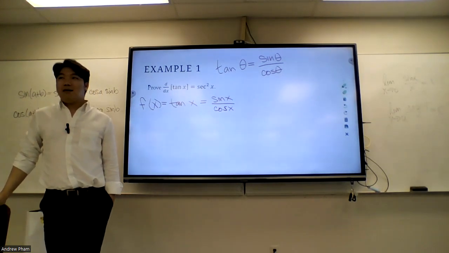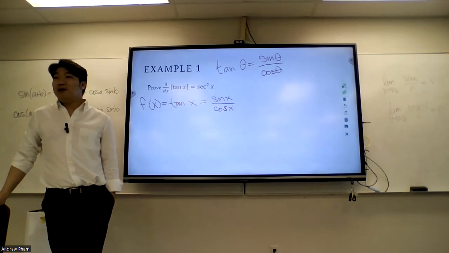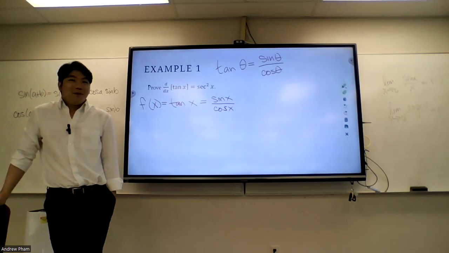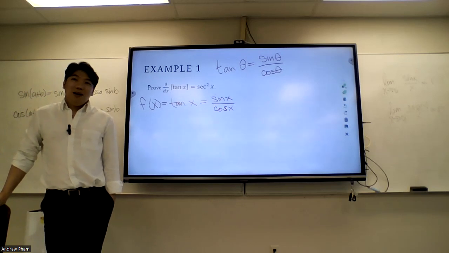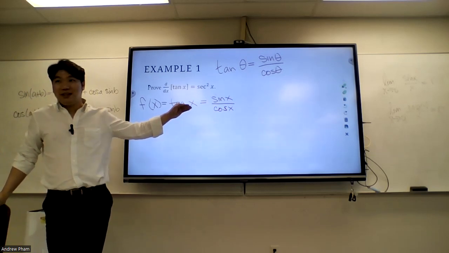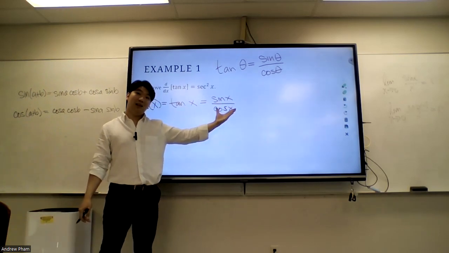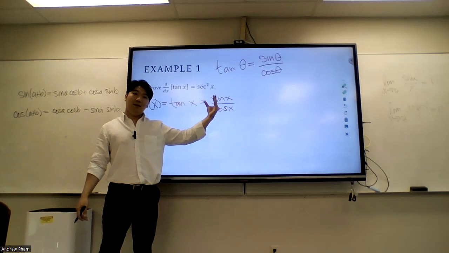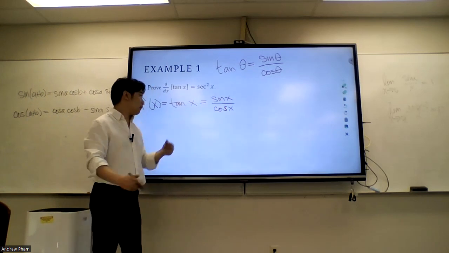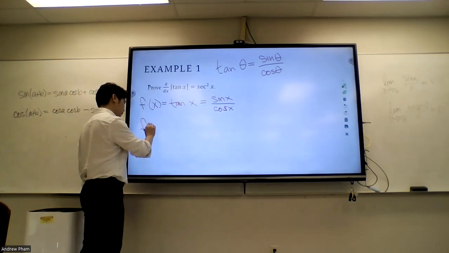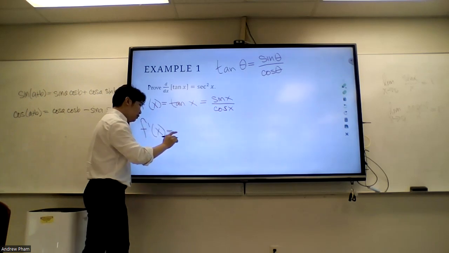Well, if I look at sine of x over cosine of x, that is a quotient. I'm dividing, right? So if I want the derivative of tangent, I need the derivative of this quotient, which means I need the quotient rule. And we're going to do it this way.